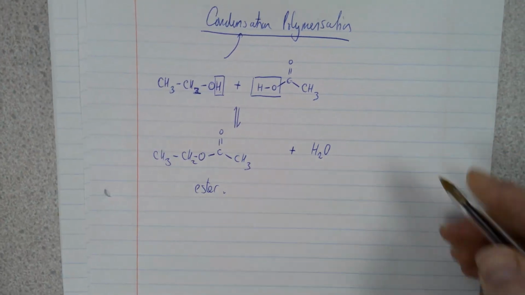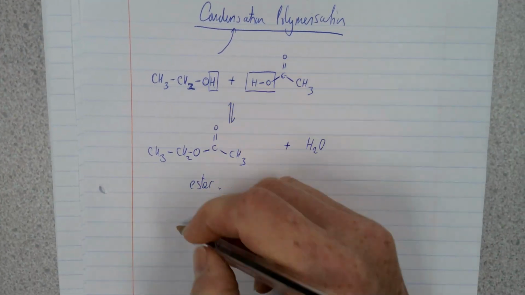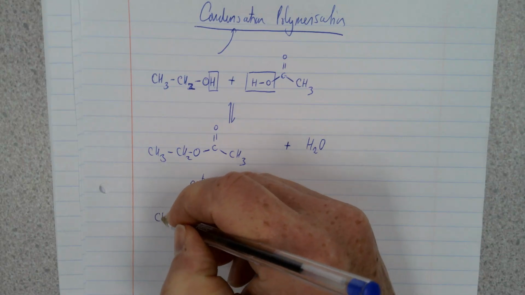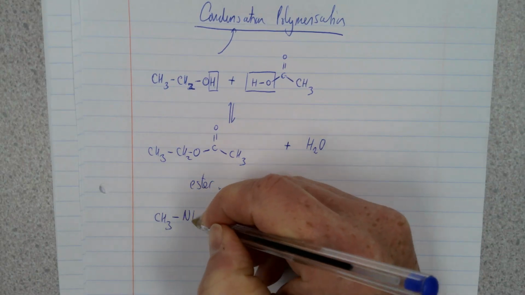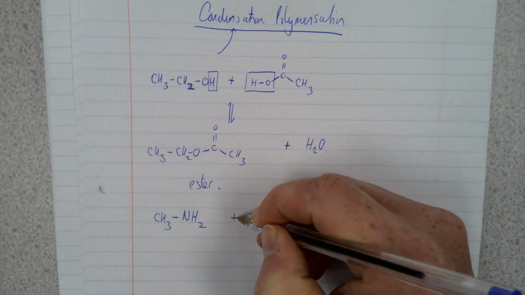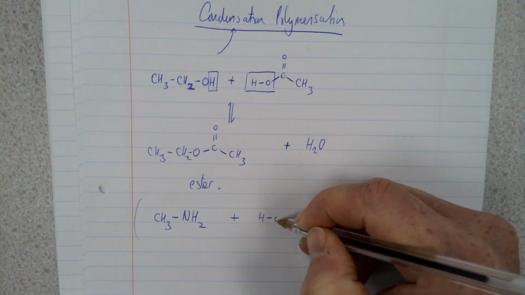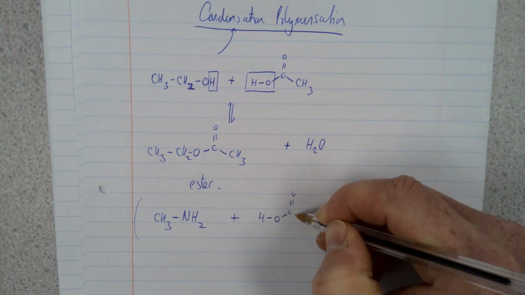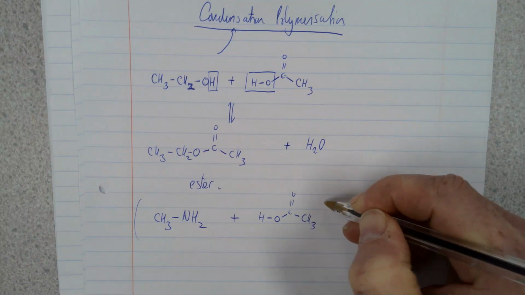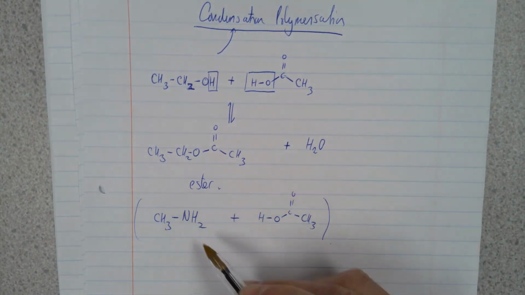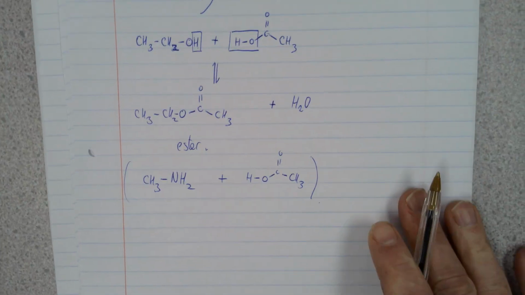You could do exactly the same idea. Instead of alcohol, you could use an amine. I'm going to use methylamine. Although you wouldn't do this reaction in the lab in this way, suffice to say, this is a base and this is an acid, so you get problems there.